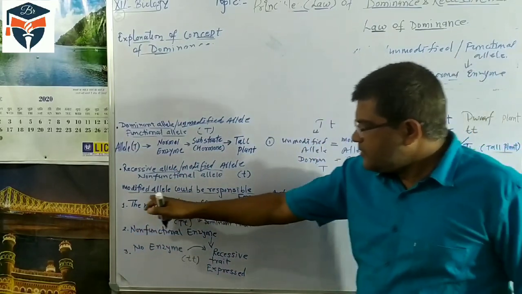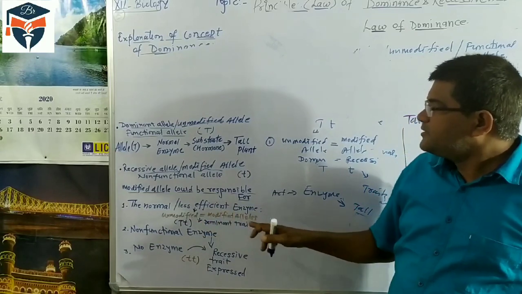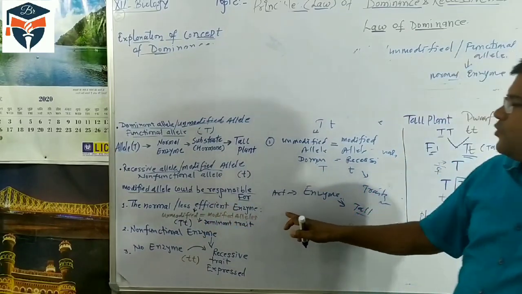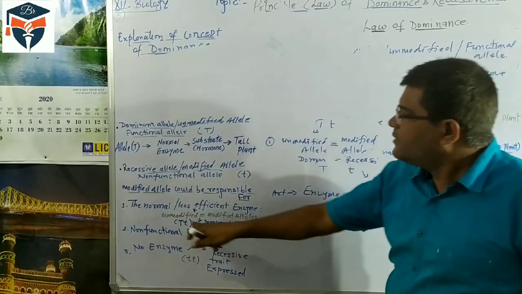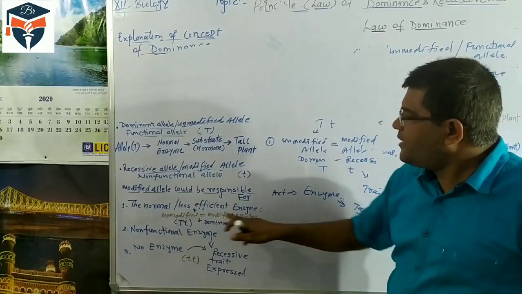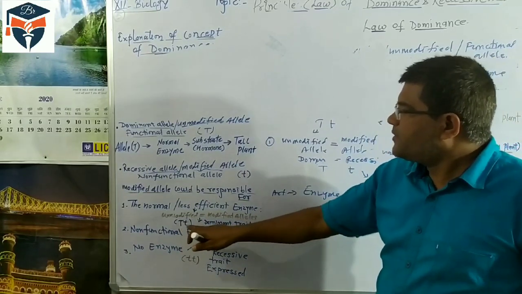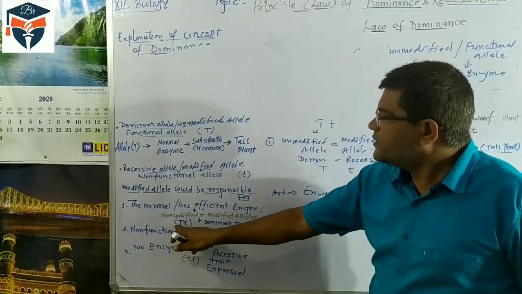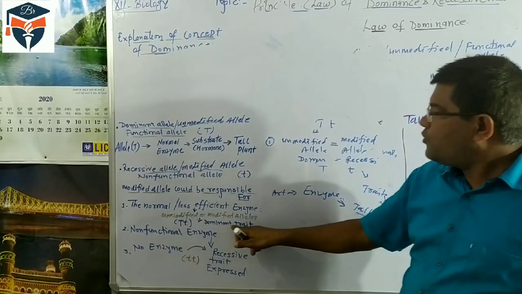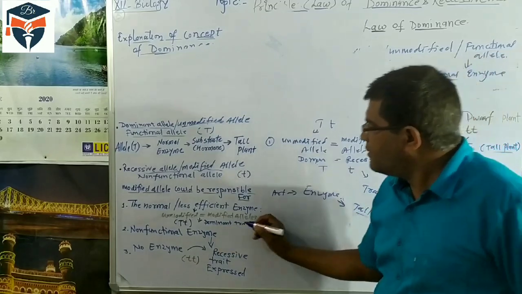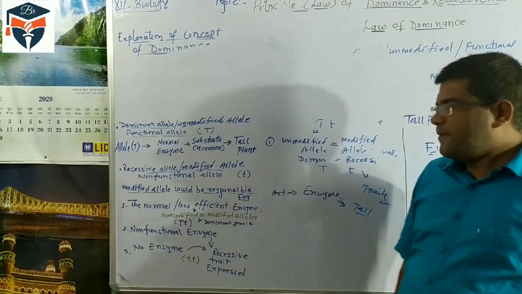So in the first case, the modified allele, normal enzyme is synthesized, and the dominant and recessive alleles will be equal. It means unmodified and modified alleles are the same, like the genotype capital T, small t: 50% is capital T, 50% is small t. In such cases, the dominant trait appears when there is normal enzyme.